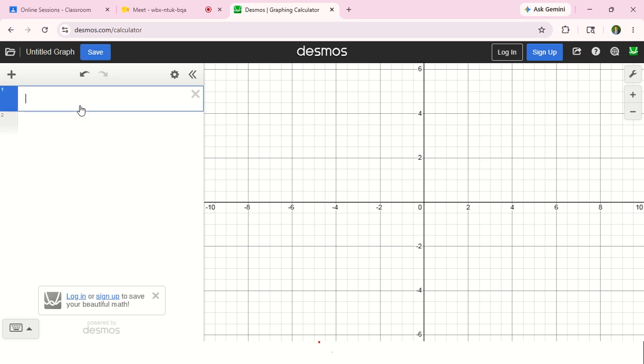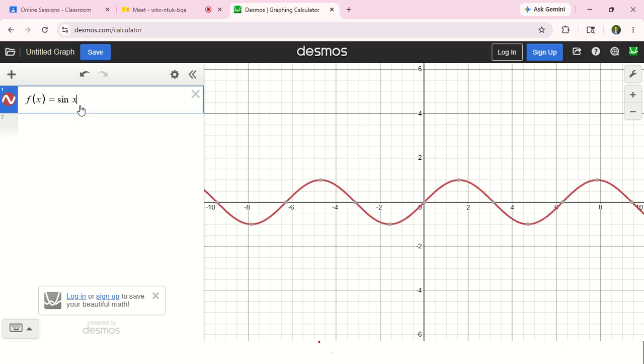If we have f of x equals sine x, that is the sine curve.